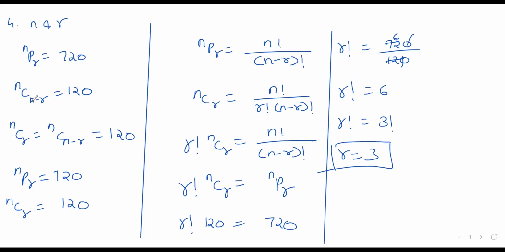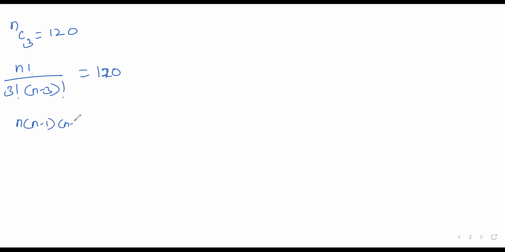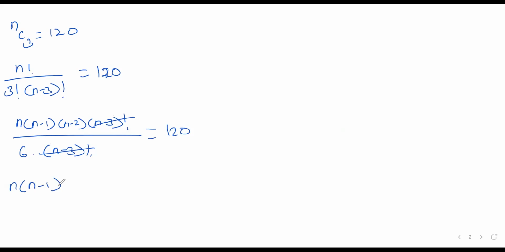I've got r. I can put r in any one of them and I can find out n. So nC3 is equal to 120. n factorial upon 3 factorial, n minus 3 factorial is equal to 120. n, n minus 1, n minus 2, n minus 3 factorial upon 6, n minus 3 factorial is equal to 120. n, n minus 1, n minus 2 is equal to 720. 720 can be written as 10 into 9 into 8.